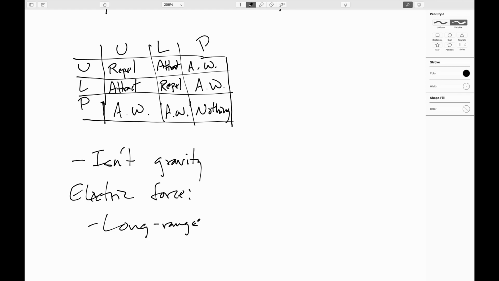So it's like gravity in that respect. There doesn't seem to be any kind of separation where the force immediately cuts to zero or something like that. And in fact, that is the case. Every object in the universe is interacting with every other object in the universe electrically if they have a charge.